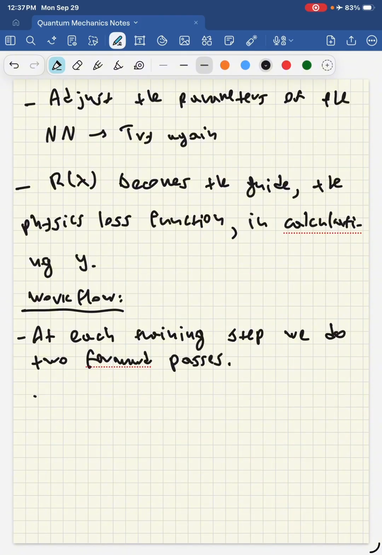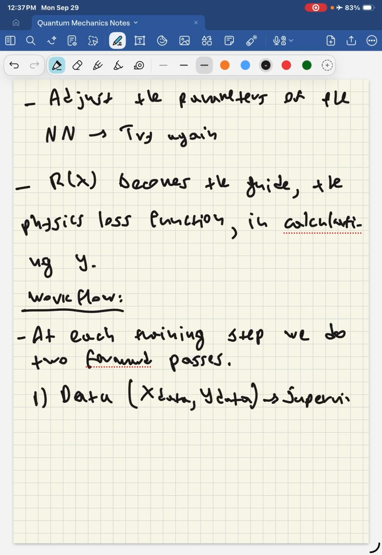First we pass the data for the labeled data, so x data, y data, which is the supervised part. And then in the secondary pass, we just pass x physics, we calculate y physics, and then we calculate the residual.